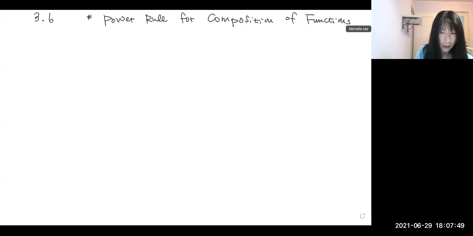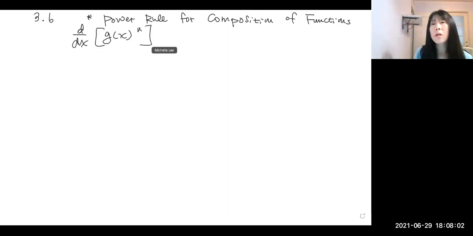So if we have g of x to the n, then we take the derivative of g of x to the n power using the power rule. What do you get? Power rule: n times g of x to the power of n minus 1.